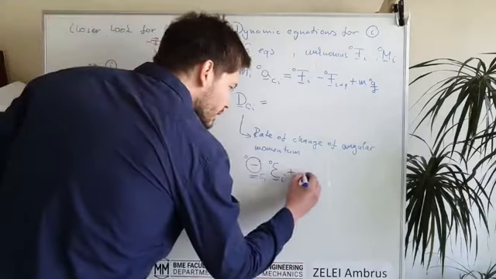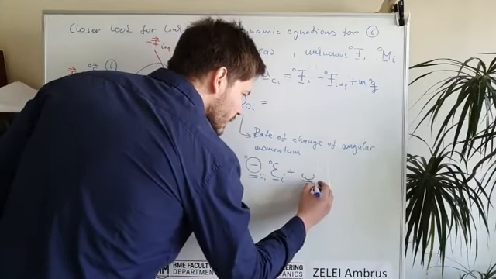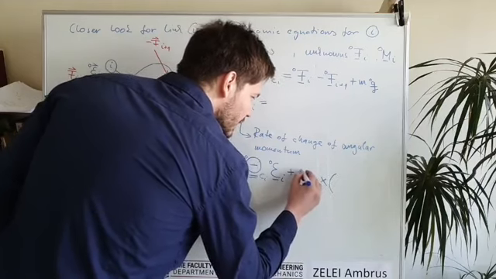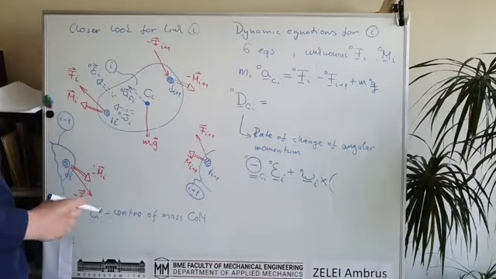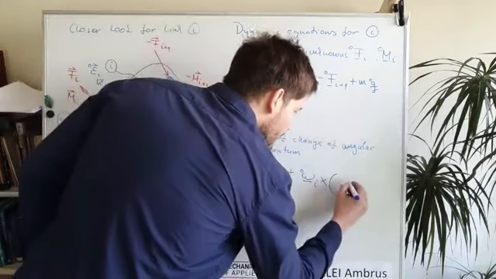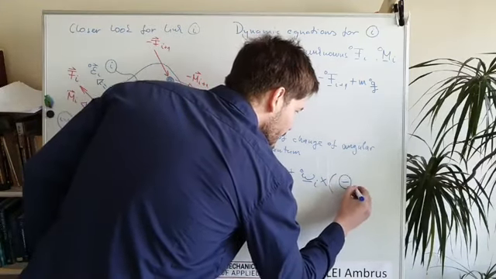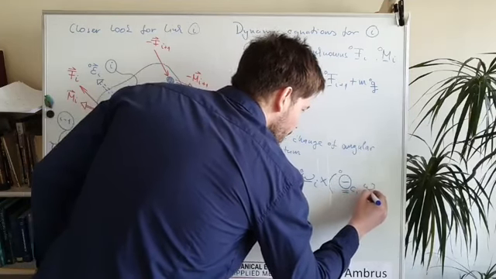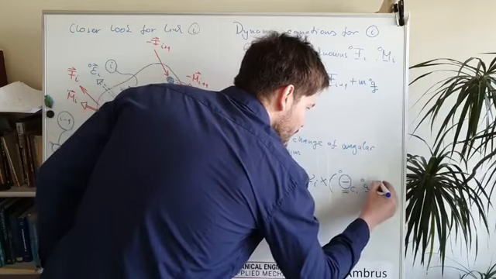plus we have this other term where we have to take the cross product of the angular velocity with the angular momentum, which is theta c i again times omega i 0.